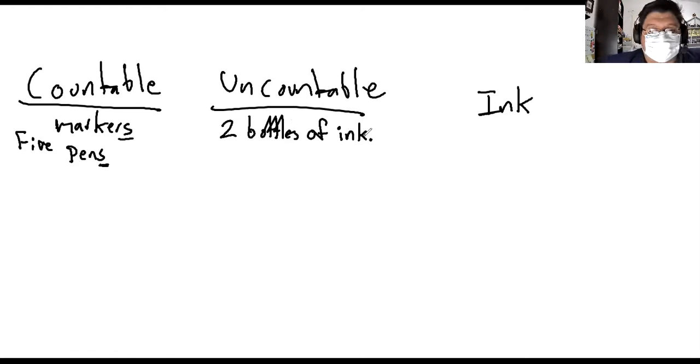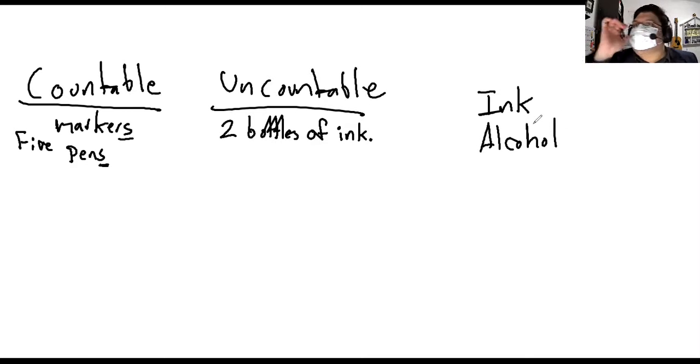Let's put another example. Let's put alcohol. And no, I'm not talking about drinking, like beer or wine. I'm talking about actual alcohol, rubbing alcohol. So, alcohol, what do you think? Countable or uncountable? If you said, oh, it's countable, you're wrong. It's actually uncountable because, again, how do we count this?